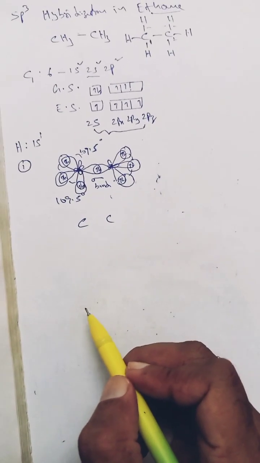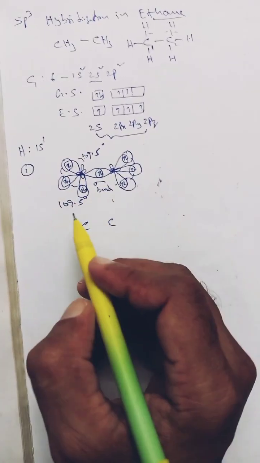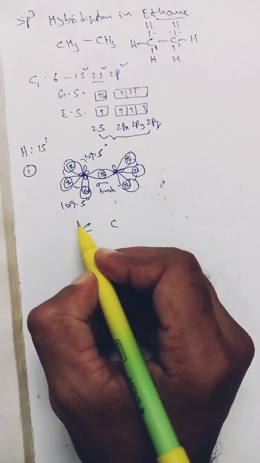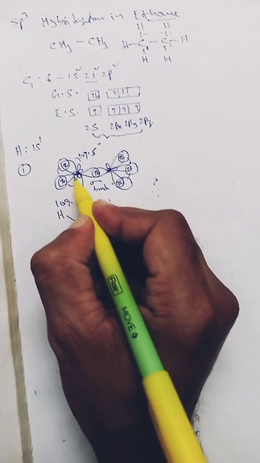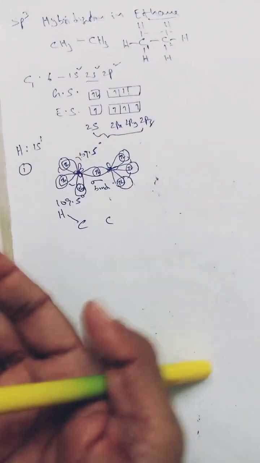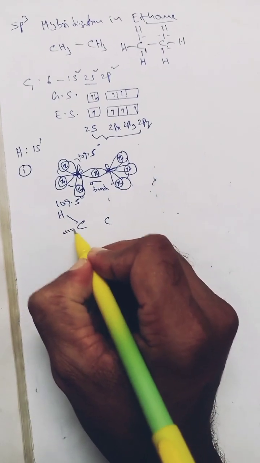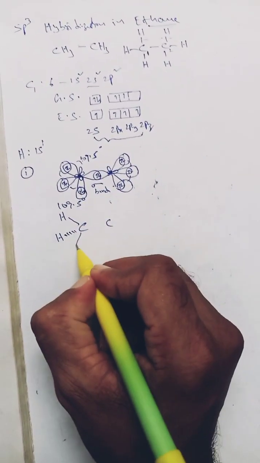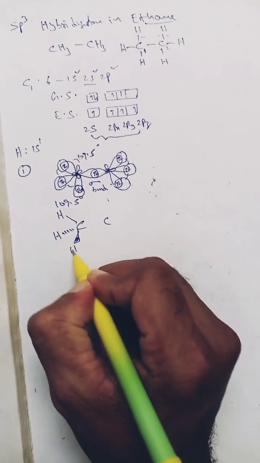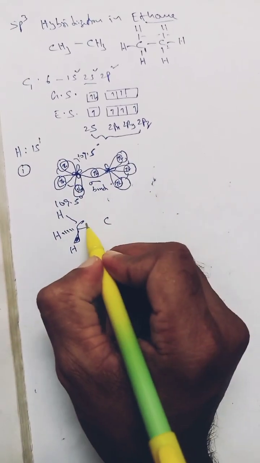Now if you write the actual structure for these orbitals, here hydrogen is there, below the plane, inside the plane with dotted bonds one hydrogen is available like this, and this is above the plane with a wedge bond, and this is the sigma bond here.